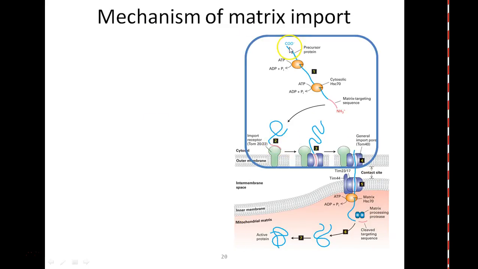And I will break down this whole mechanism into 3 different parts. First we'll focus on the cytoplasmic portion and the outer membrane. Then we'll talk about the transition through the contact site, and then the final steps, what's happening in the matrix.